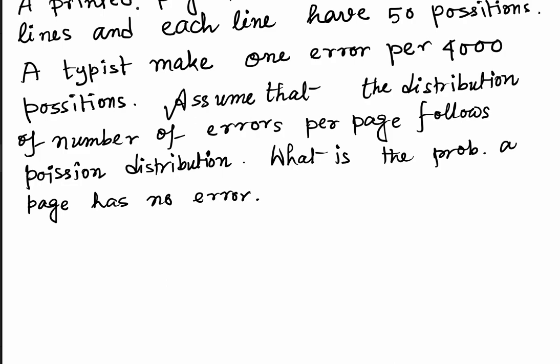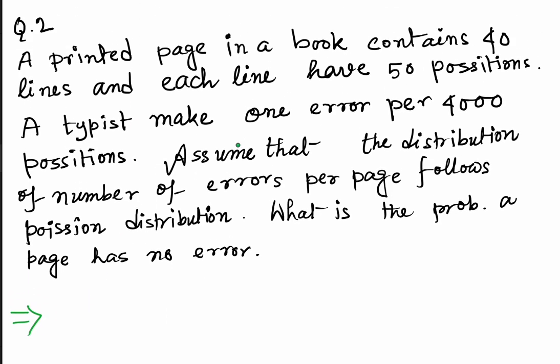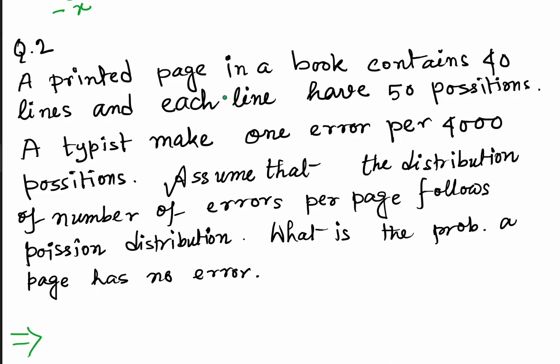So let's see. In a printed book, a printed page contains 40 lines and each line has 50 positions. So how many positions are in a page?